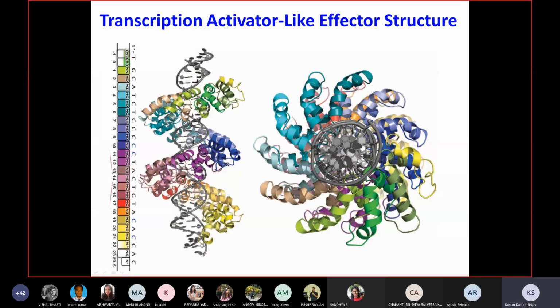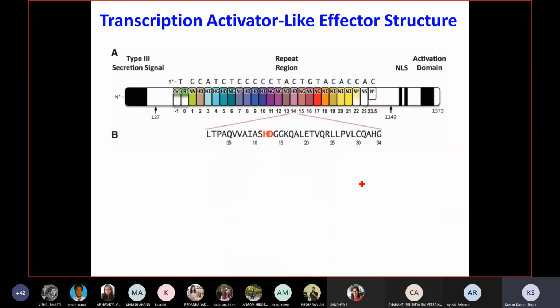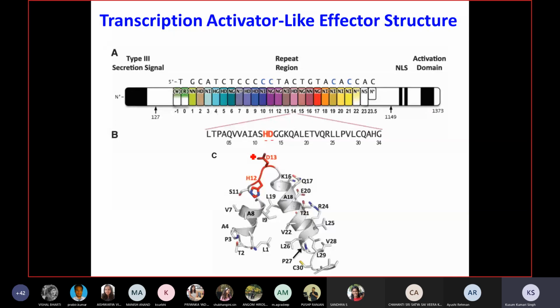When you look closely at the 12th and 13th residues of one of the repeats here in the structure, the 12th and 13th residues are the important ones, which are placed on the loop position.